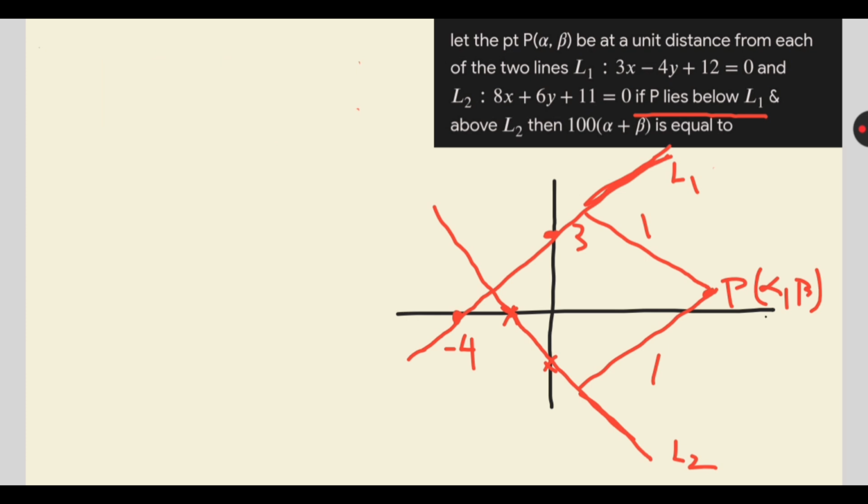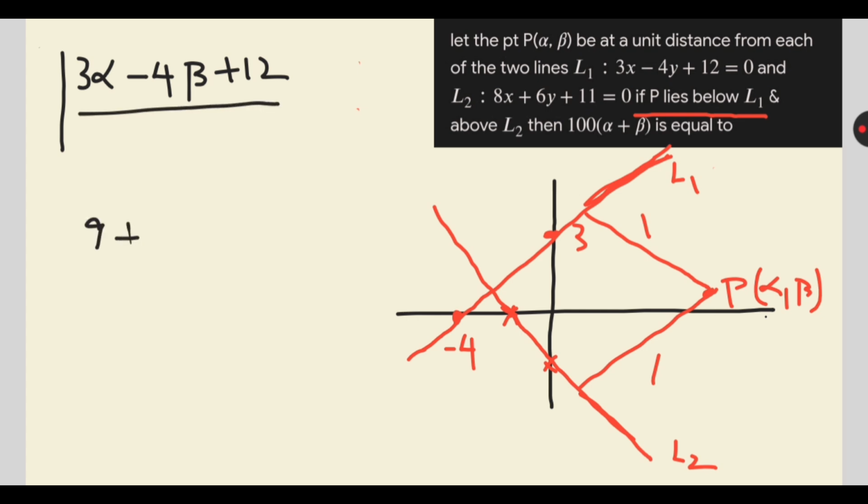That's why you can write this L1 as modulus of 3 alpha minus 4 beta plus 12 divided by square root of a square, which is 3 square 9, plus b square, that is minus 4 square, which is 16. Square root of 9 plus 16, which is 5. That is equal to 1. If you remove the modulus, it is going to be plus or minus 1. If you send this 5 to right hand side, that is equal to plus or minus 5.